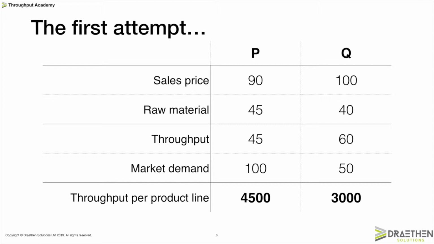On the slide there, you can see in the top row, P&Q products are heading up a column each, and the first row down on the left hand side you can see the sales price. P sells for £90 per unit, remember to convert it into whatever currency you're using, and Q sells for £100 per unit. The raw material cost of 1 unit of P is £45.